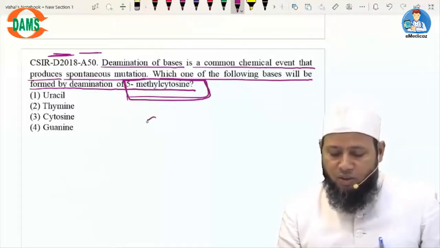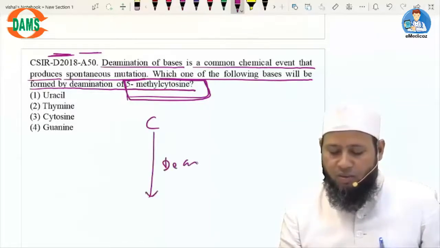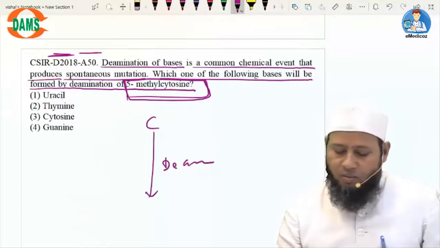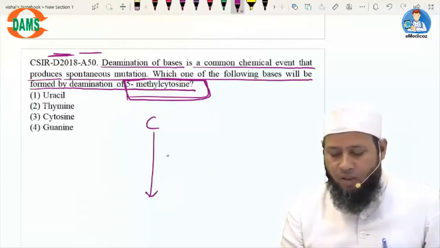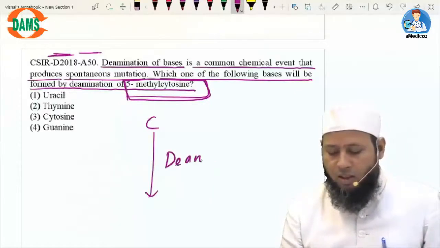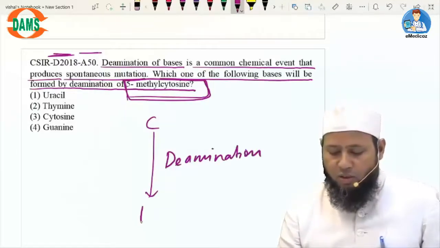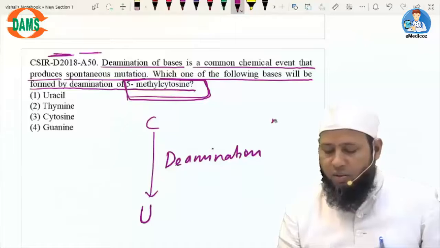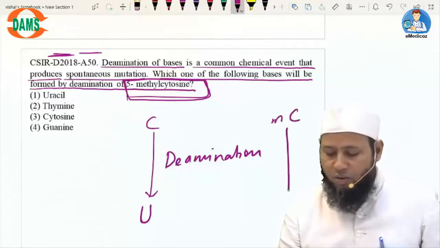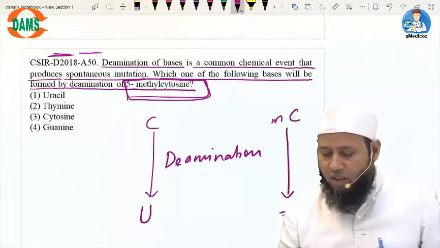So we know if there was a cytosine, if it undergoes deamination, it gives uracil, and if it is a methyl cytosine, it goes through deamination, then it gives thymine.